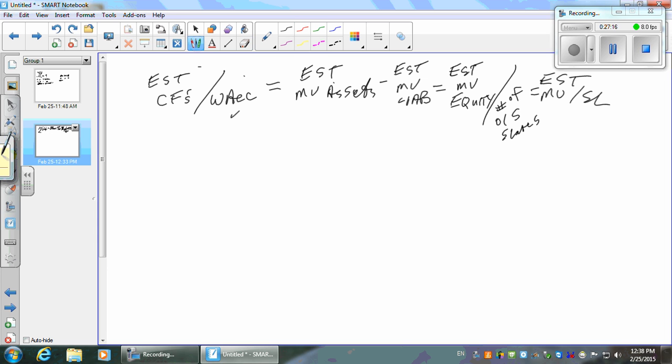Here we go. Let's say that I am generating $10,000 a year in estimated cash flows, and my cost of capital is 10%. Do the calculation first. 10,000 divided by 0.1 is what? 100,000. Now let's go the other direction.